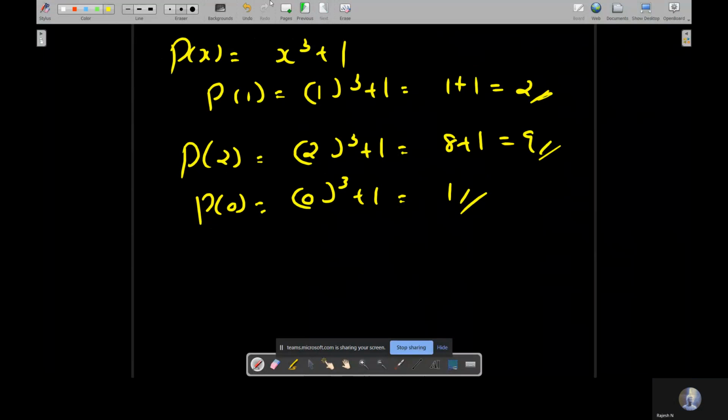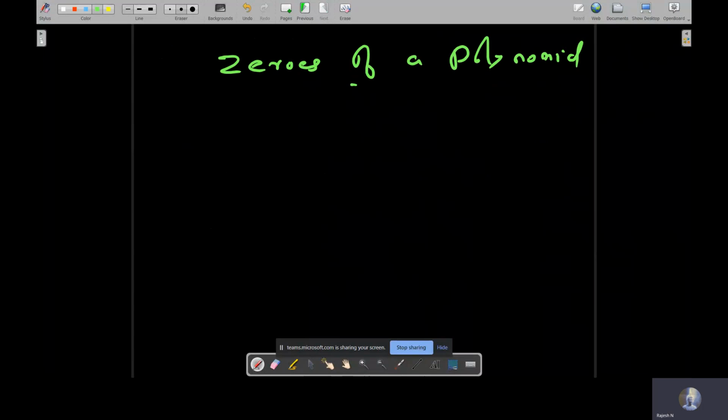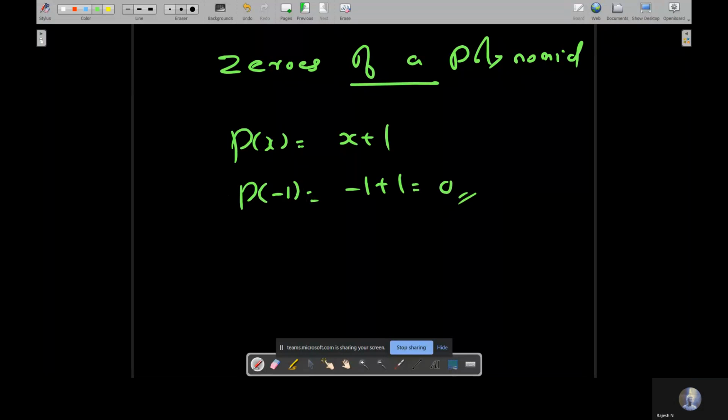Now, next concept is zeros of a polynomial. What is a zero of a polynomial? Suppose p of x is equal to x plus 1. What is p of minus 1? Minus 1 plus 1 is 0.